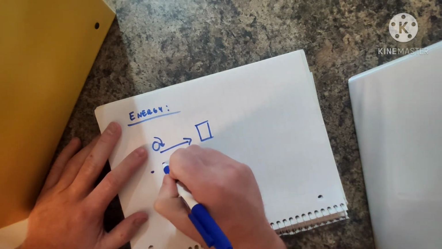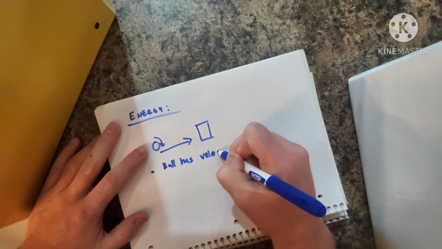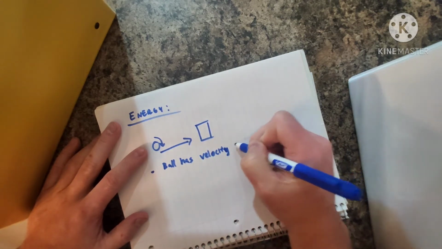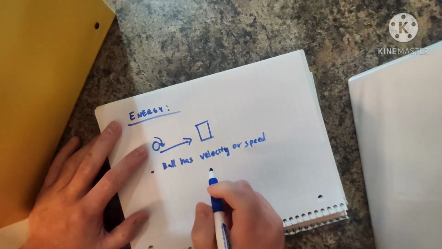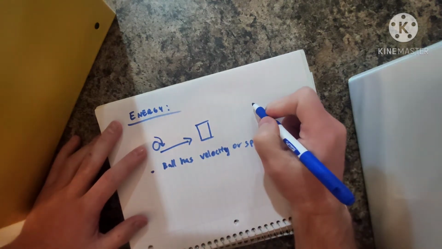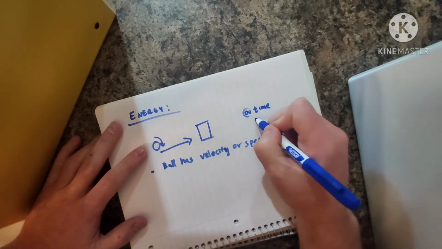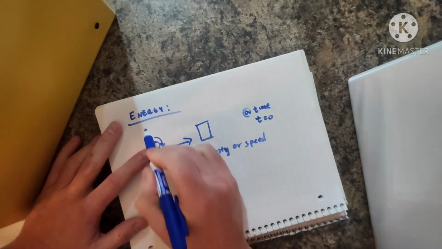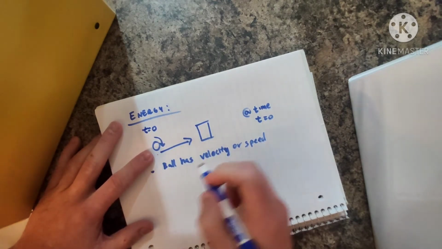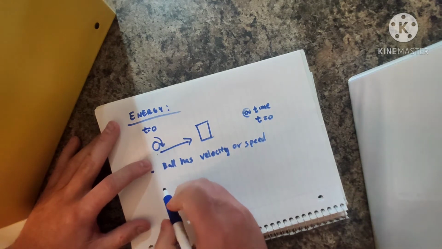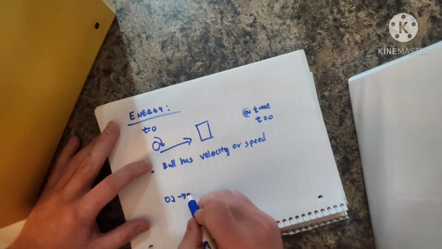So this ball has what we call a velocity, or speed, in this direction. Well, at time t equal to 0, the ball is here. Now let's say sometime later, this rolling ball in this direction.